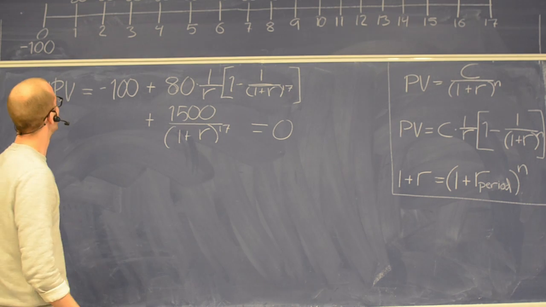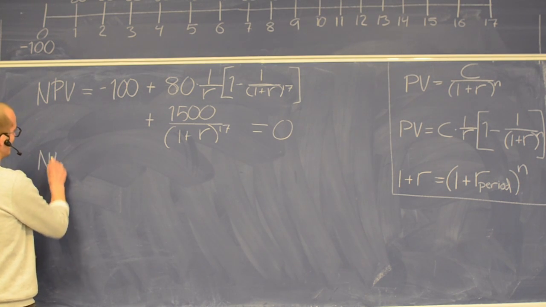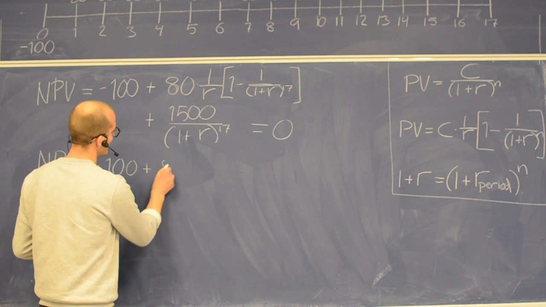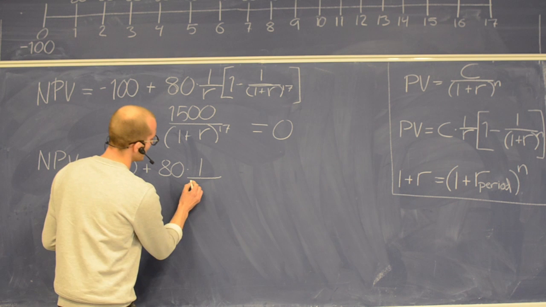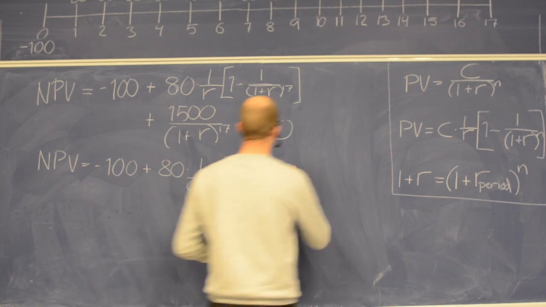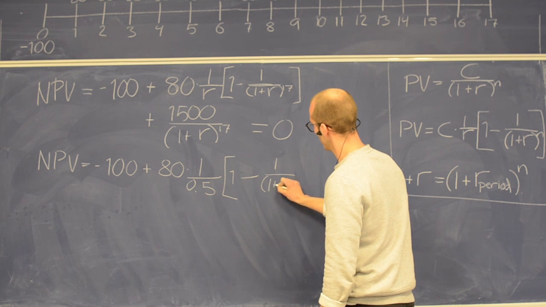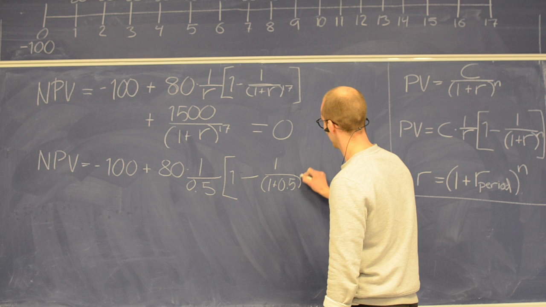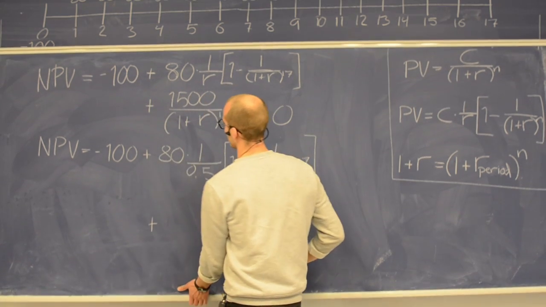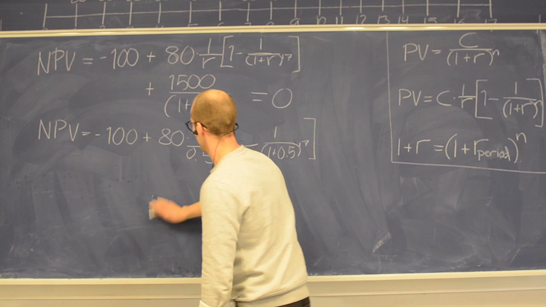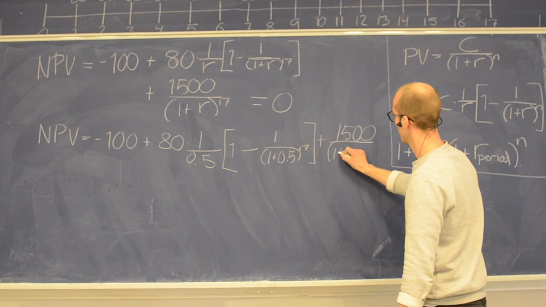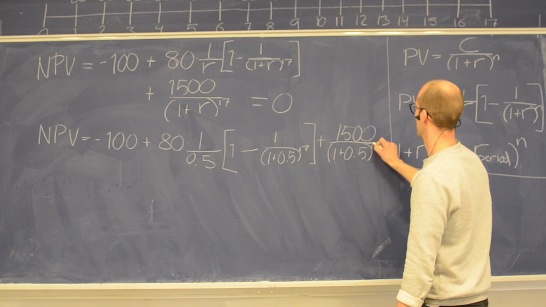Let's say 50%. Then the net present value is equal to minus 100 plus 80 times 1 divided by 0.5 for 50%, times 1 minus 1 divided by 1 plus 0.5 raised to 17, plus 1500 divided by 1 plus 0.5 raised to 17.